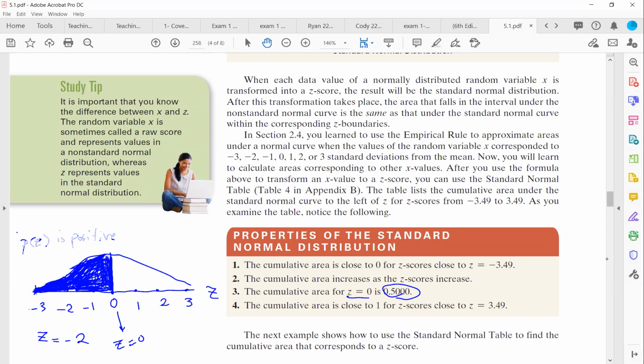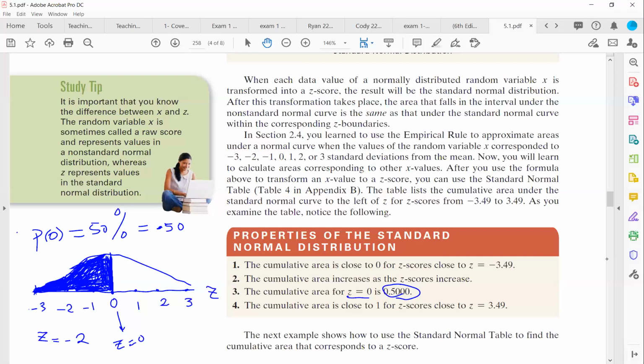P of 0 is just 50% of the graph, 0.50. This is your probability. The probability that z is equal to 0 is 50%. That's it.